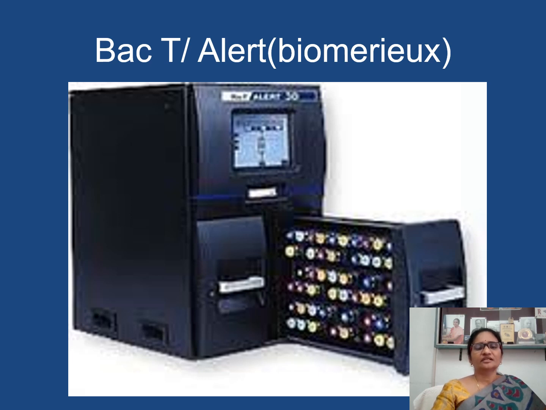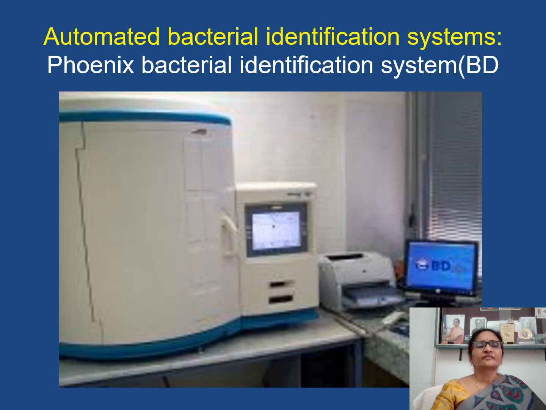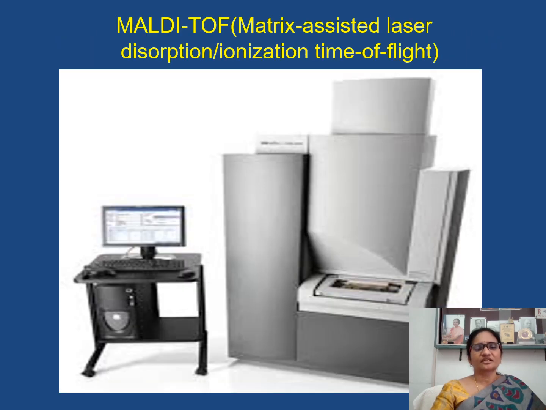We inoculate the blood in each bottle and keep the bottles in each slot of this rack, and after 2 or 3 days we get the indication on the screen. We open it and then identify the bacteria. Like that, many automated systems are there.